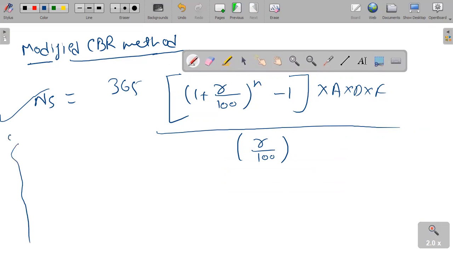Let's see what these values are. A is the number of commercial vehicles per day when pavement construction is complete.